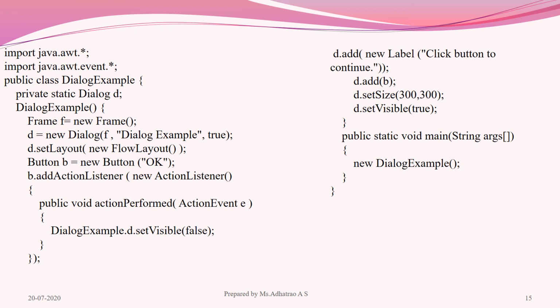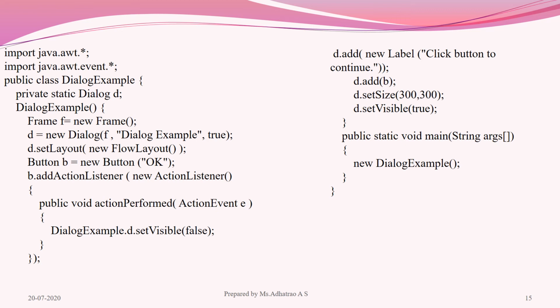So again, how to use the listener? B dot means the object of my button. I want to perform event handling, or action event handling, on my button. So B.addActionListener, in brackets new ActionListener of my action listener class.